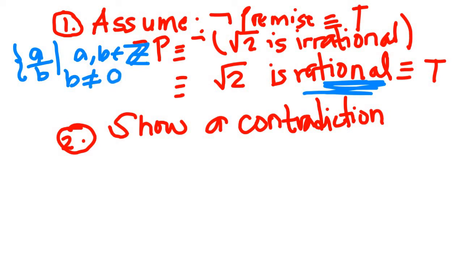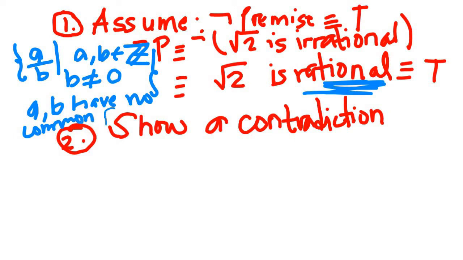An important component of the definition, which we're going to utilize here, is a and b have no common factors other than 1. For example, 3/5: 3 and 5 have no common factors other than 1.